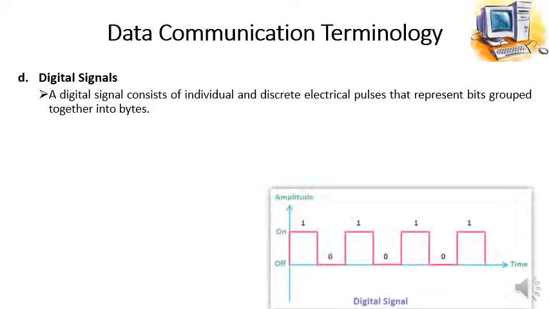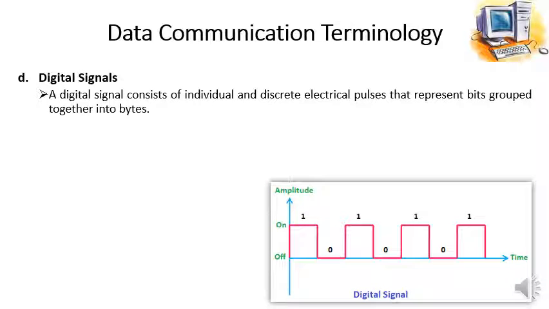Data communication terminology, and the last terminology is digital signal. A digital signal consists of individual and discrete electrical impulses that represent bits grouped together into bytes.